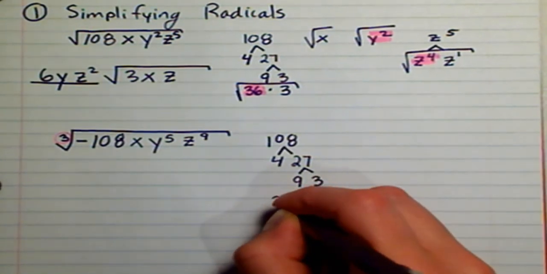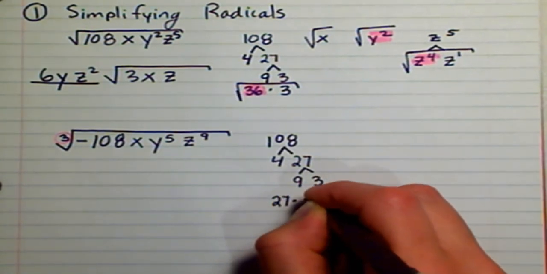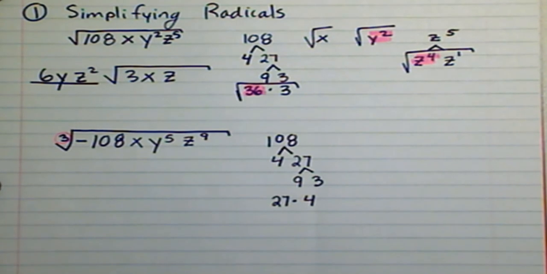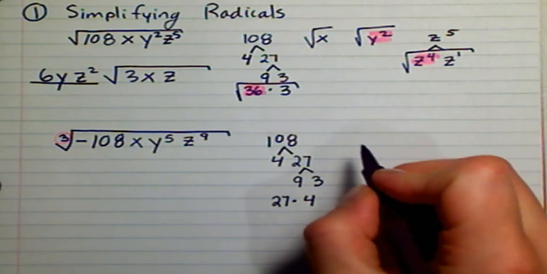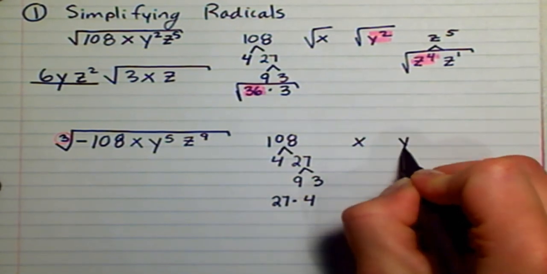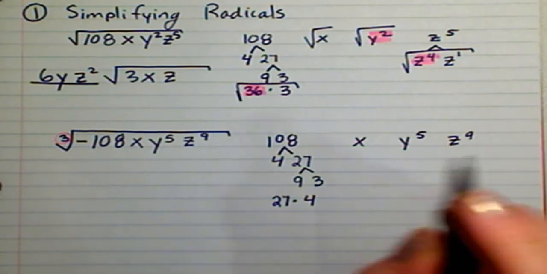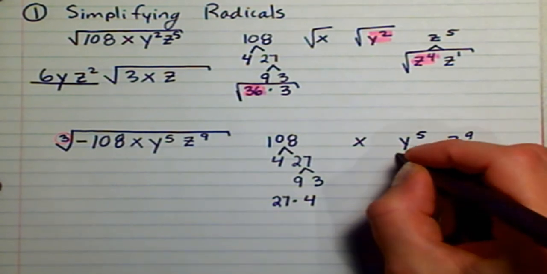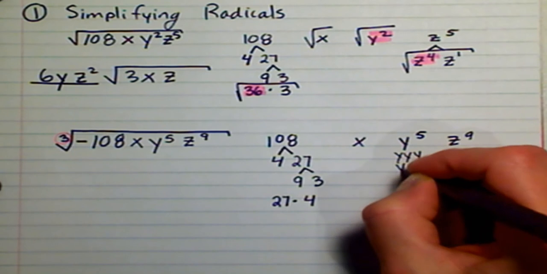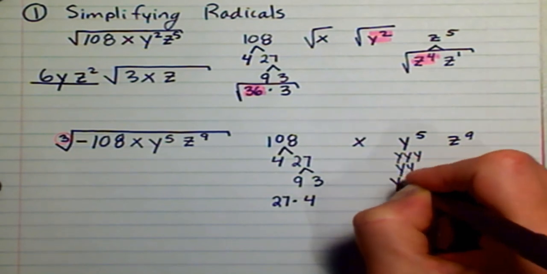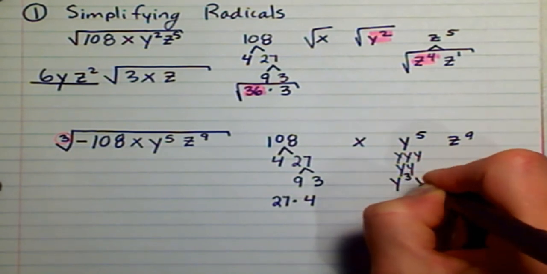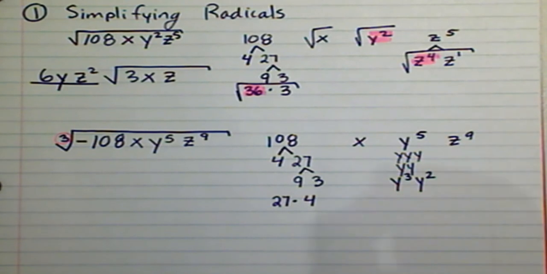So I'm going to come down here and write 27 times 4. 27 is the perfect cube this time. That's what I'm looking for. Okay, x, y to the fifth, and z to the ninth. So I need 3 of a kind. That is 1, 2, 3, 4, 5. That is y cubed, y squared.